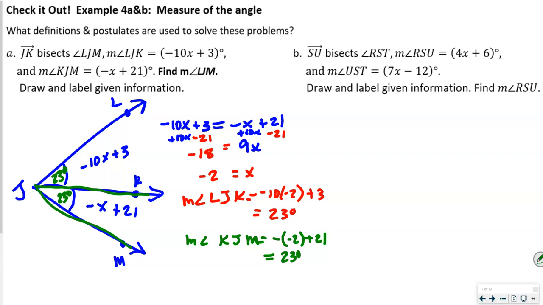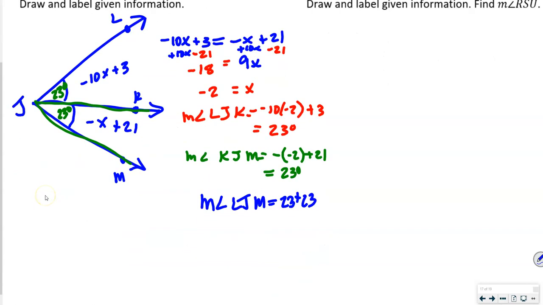It is 46, right? The question is asking us for LJM. The measure of angle LJM is going to be 23 plus 23. So the measure of angle LJM is equal to 46 degrees, right?